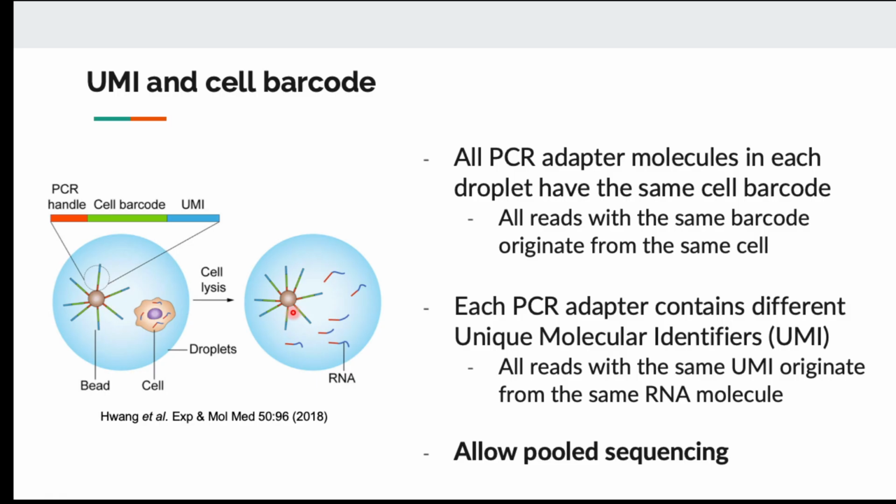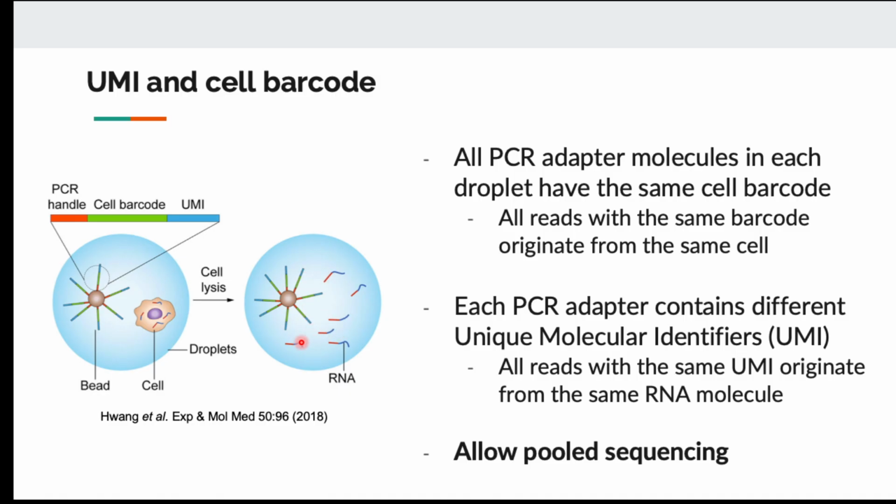When it's PCR amplified, it's going to be attached to a random UMI, which is also a nucleotide barcode. Each original RNA is going to be amplified and attached to a unique code. So if you have 5 RNA molecules from the same gene, they will be amplified with different UMIs.